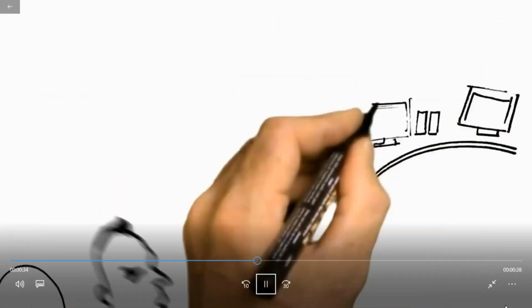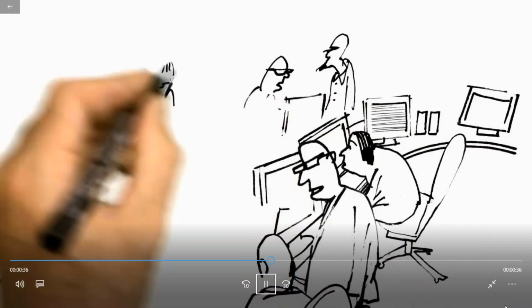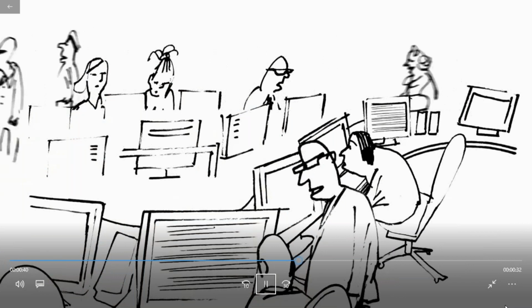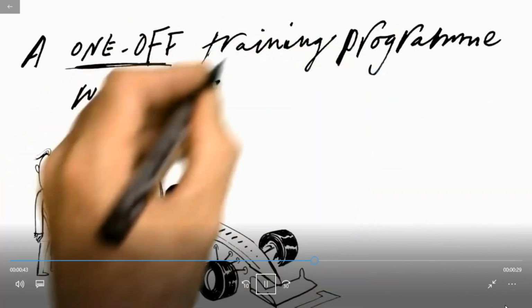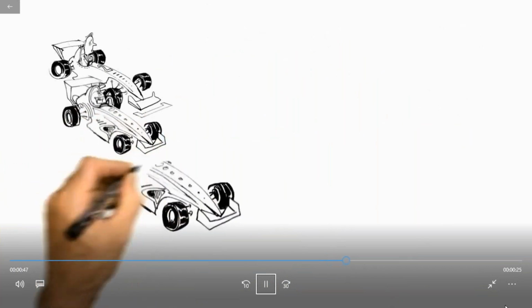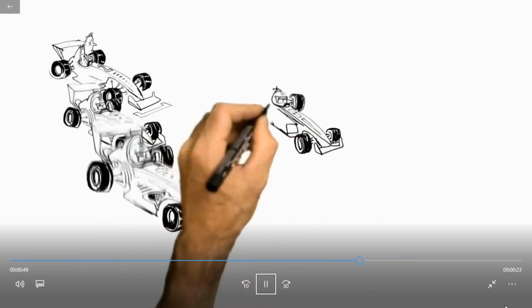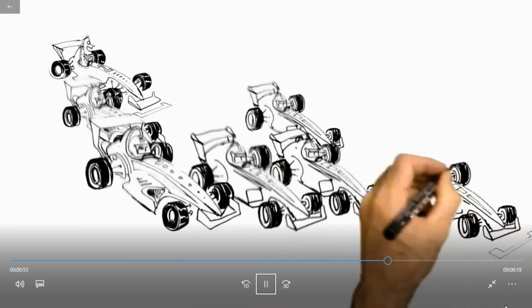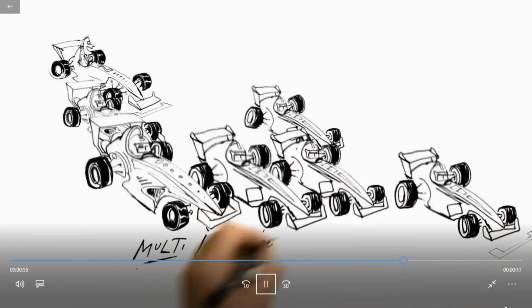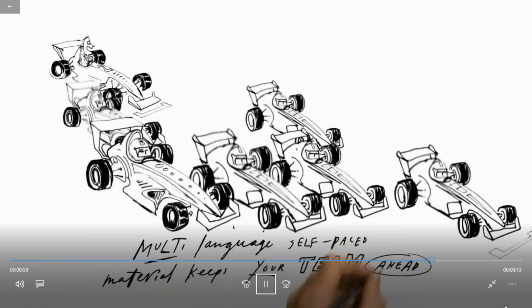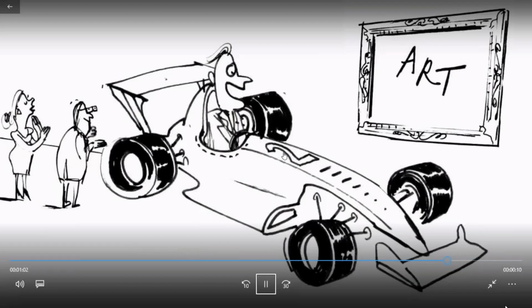In essence, ART provides simulation-based training and support that is always available at your user's fingertips. These days, a one-off training program won't keep you at the forefront of, well, just about anything. ART allows you to start with expert pre-built content and build from there to create your own multi-language, customized, self-paced material so your team is always ahead.